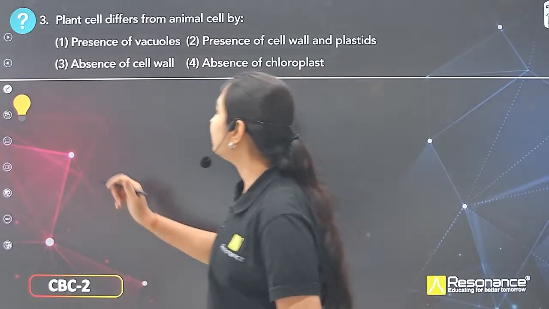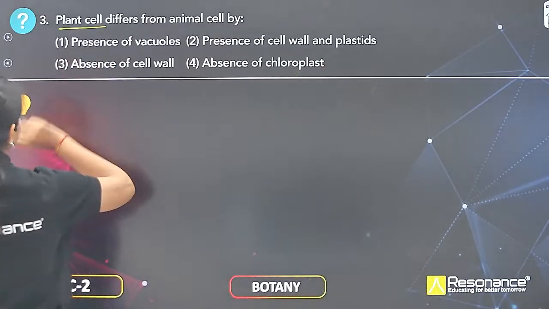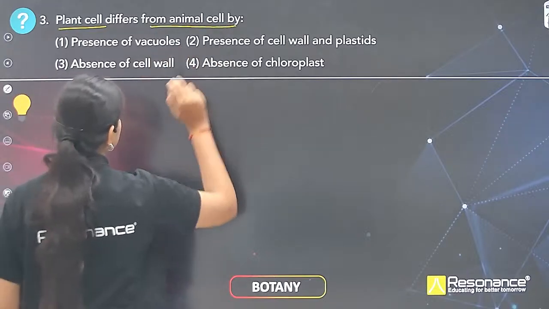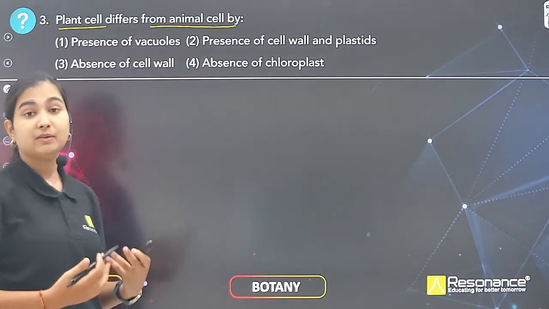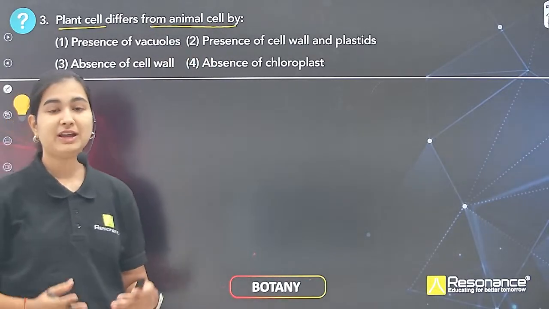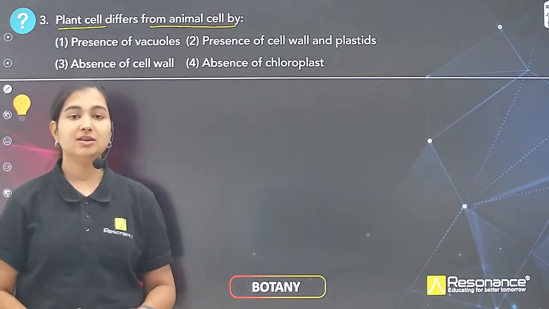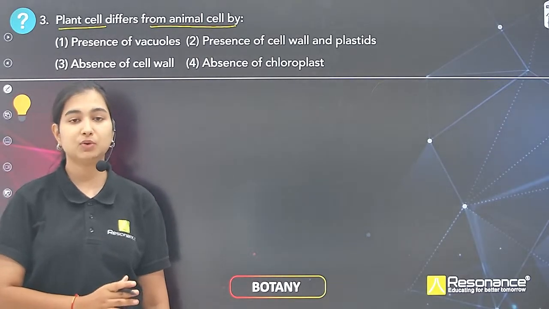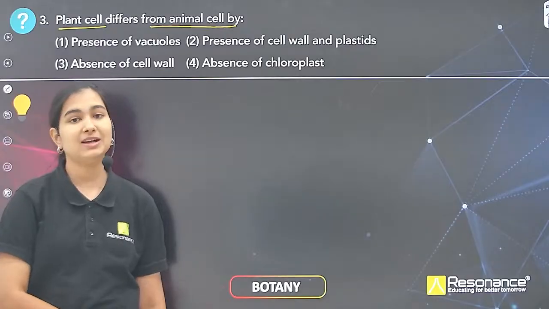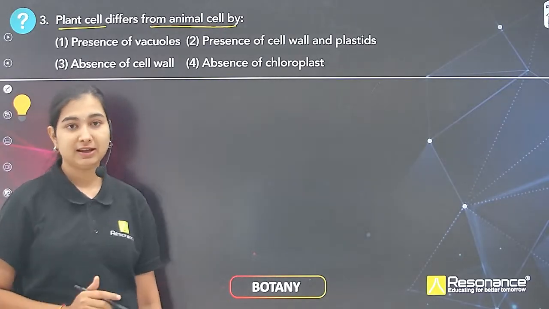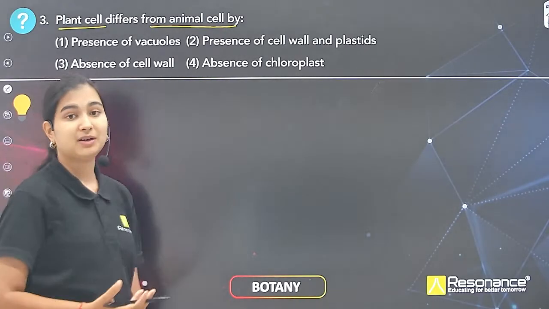Now they are asking how the plant cell differs from the animal cell. While discussing the structure in the chapter cell, we discussed the differences between a plant cell and an animal cell. What exactly is the main difference?